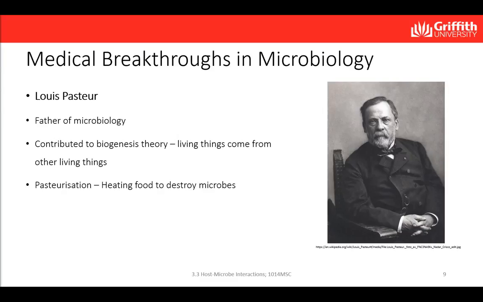He discovered pasteurization, which is when you heat food to destroy microbes. Furthermore, he was able to develop vaccines for both rabies and anthrax. He also developed the attenuation theory, according to which, if you introduce a weakened form of a virus into a host, it cannot harm the host, but it can act as a vaccine.